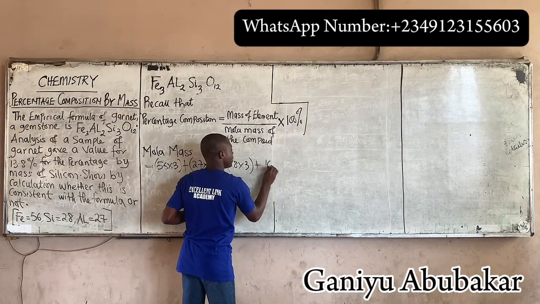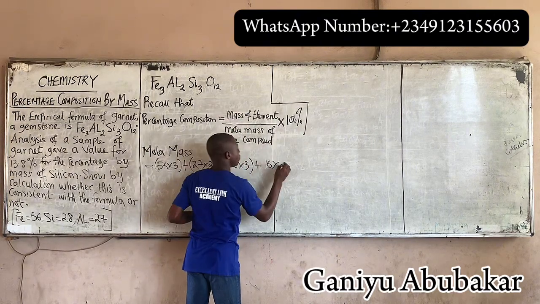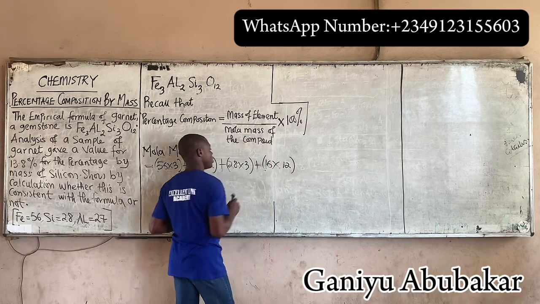Oxygen is 16, times 12. So I have this, right?